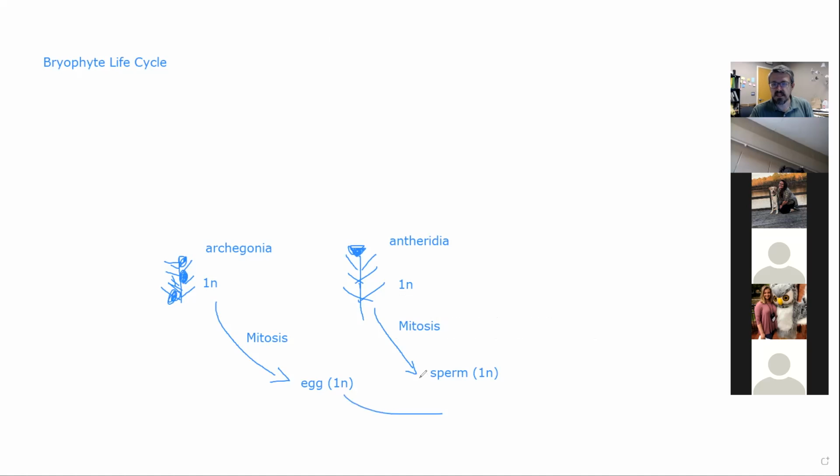When these come together, we are going to have the process of syngamy, which is going to create a zygote, which is, when you put 1N and 1N, you get 2N.